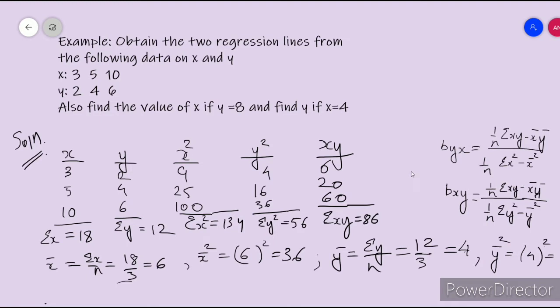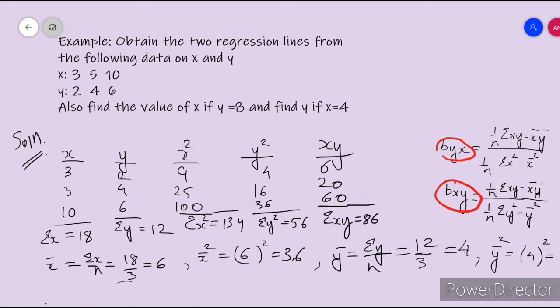So we know that we need to find the regression equations, and for that we need to find the arithmetic means of x and y, and the regression coefficients byx and bxy. So to find the regression coefficients, the values that we need are as follows. What we have done here is we have written down the x and y values.